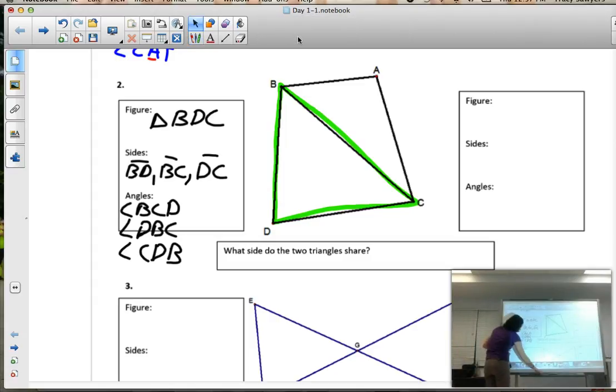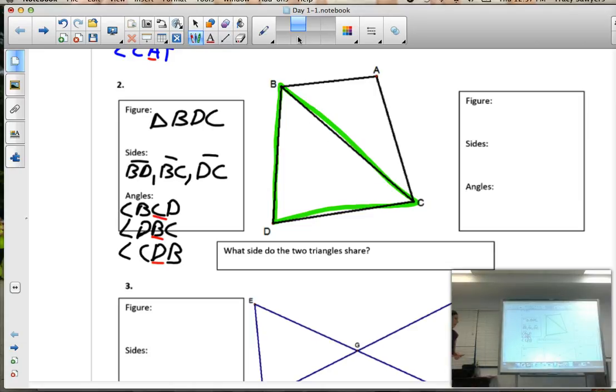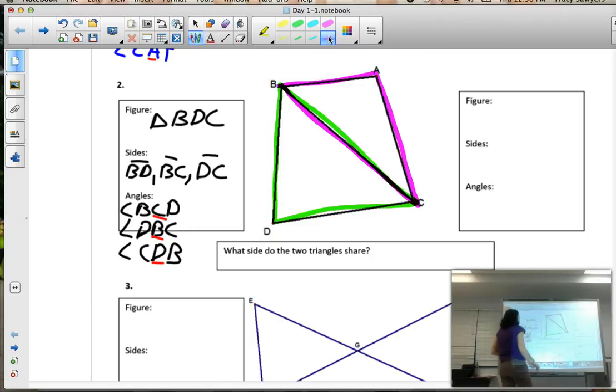Are all our angles represented? D, B, and C? Yeah? D, C, B. Okay, now use your other color and highlight the other triangle. And do the same thing. Name the figure and list the sides and the angles for me.